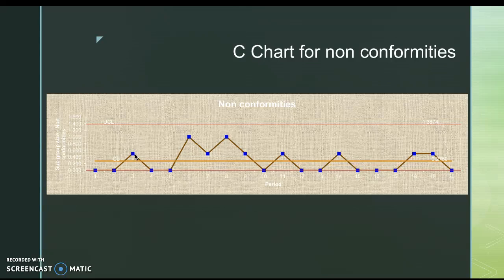So at max, I would have two non-conformities in my sample, and zero non-conformities when I was able to achieve 10,000 steps and did not eat dessert. This is what the chart looks like for my non-conformities for the month of September.